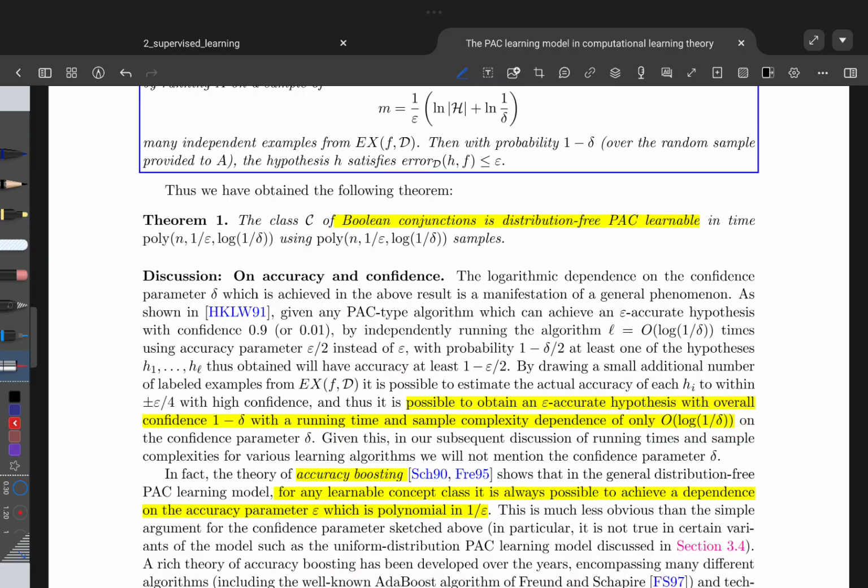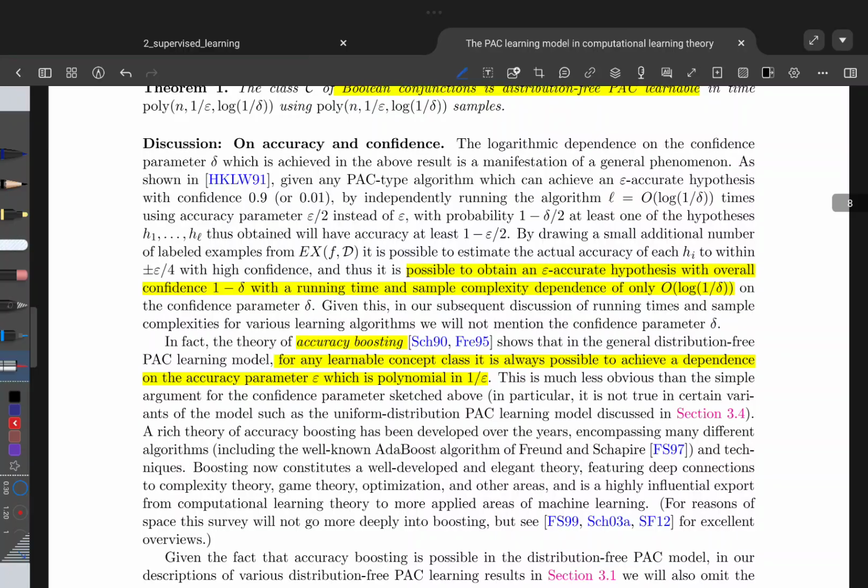As long as the hypothesis class or the concept class is PAC learnable, the dependence on delta and epsilon is just order log 1 over delta and polynomial in 1 over epsilon.